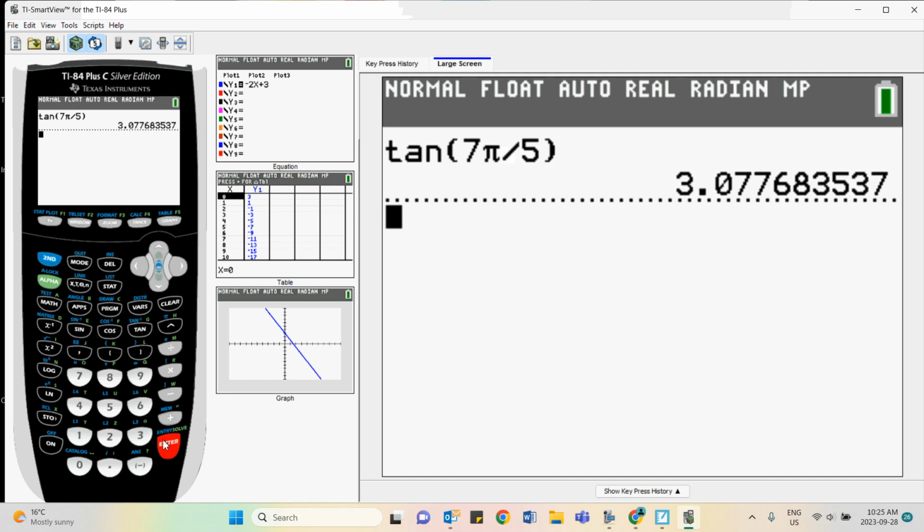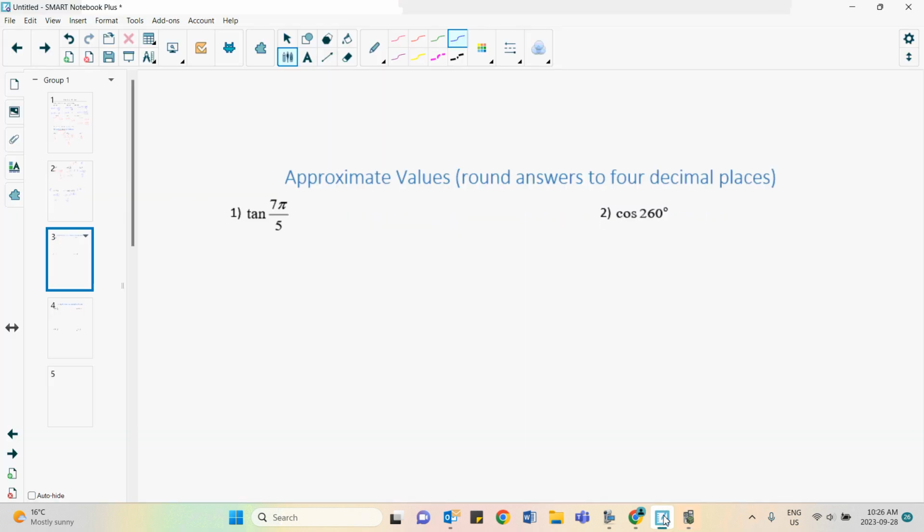What do I have here? 3.0777. This is good. Okay, what's the next one?